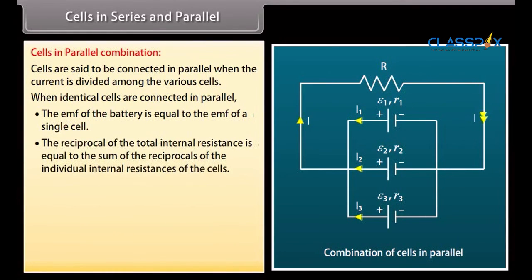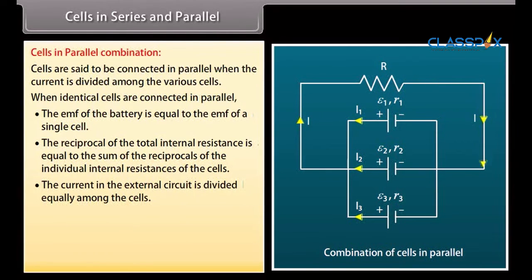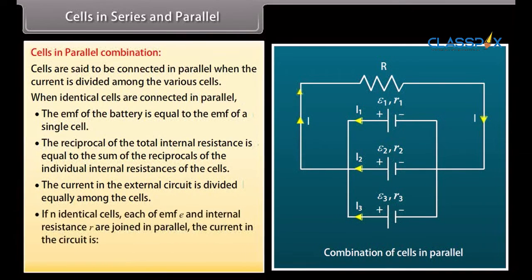The reciprocal of the total internal resistance is equal to the sum of the reciprocals of the individual internal resistances of the cells. The current in the external circuit is divided equally among the cells. If n identical cells, each of EMF E and internal resistance R, are joined in parallel, the current in the circuit is equal to nE divided by (R + nr).